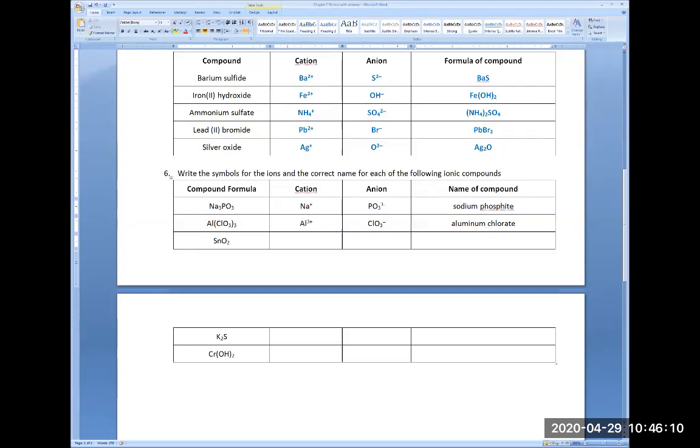SnO2. So what is the cation in there? So find Sn in your periodic table. Sn, yes. What is the charge on Sn? Good.